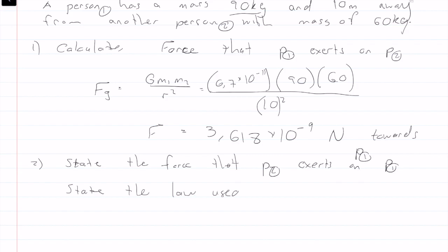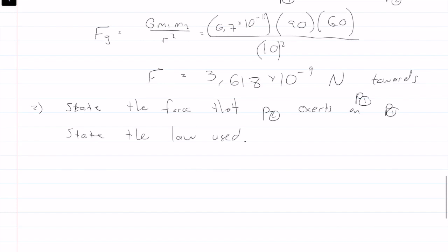First of all, we need to understand what law we're going to use. We're going to use Newton's third law, which says that if object A exerts a force on object B, then B exerts a force on A that is equal in magnitude but opposite in direction.